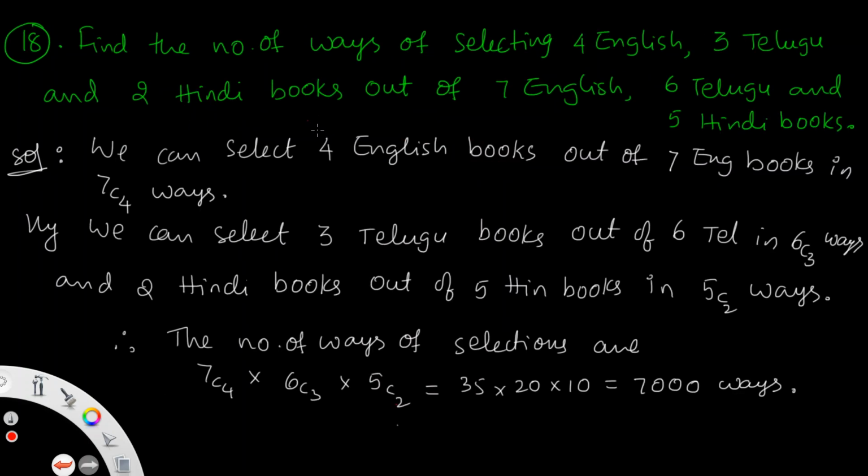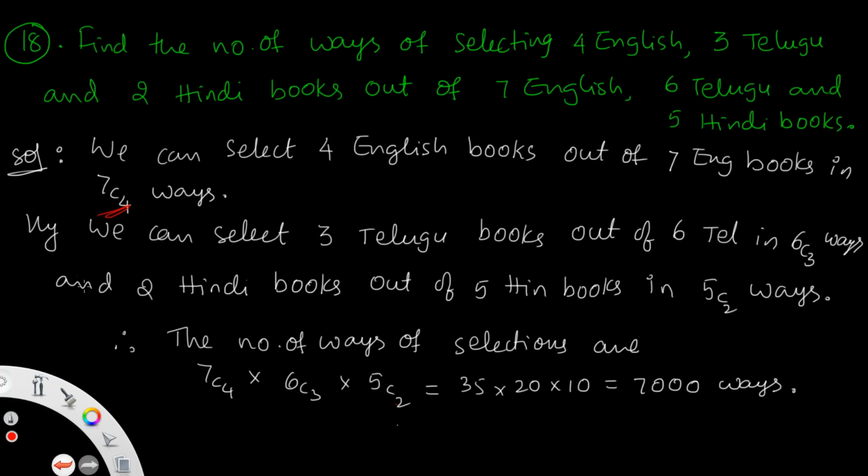Same pattern. Find the number of ways of selecting 4 English, 3 Telugu and 2 Hindi books out of 7 English, 6 Telugu and 5 Hindi books. Out of 7 English books you have to select only 4 books, so that can be done in 7C4 ways.